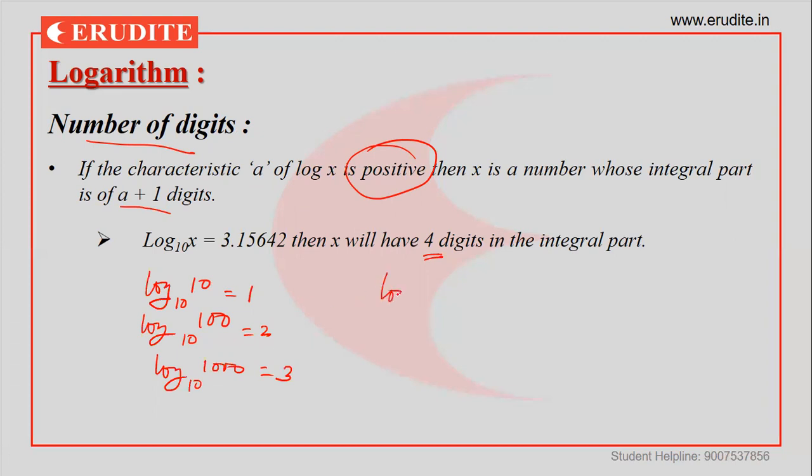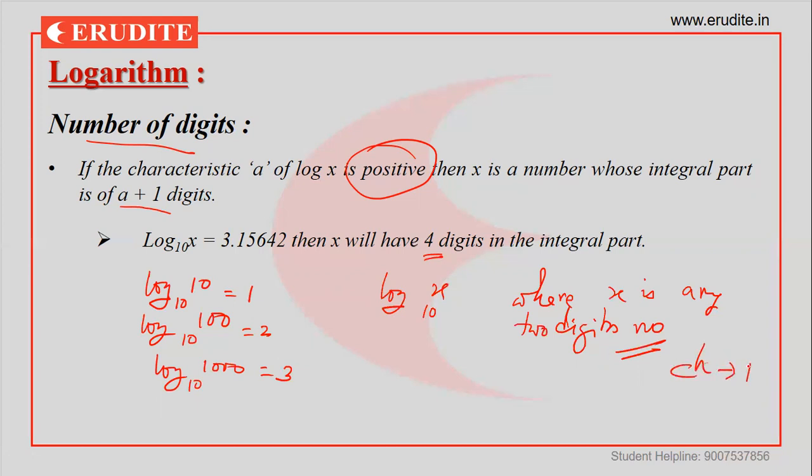So basically log of any value x to the base 10, where x is any two digit number, from 10 to 99, should be nothing but 1 point something. So the characteristic is nothing but 1. So 1 will determine that x is a two digit number. This is the example of number of digits, which is very important in our log applications.